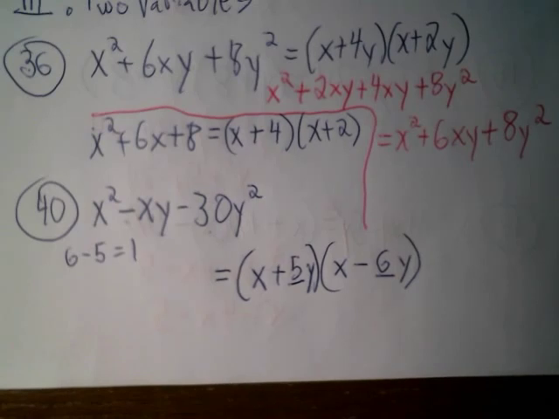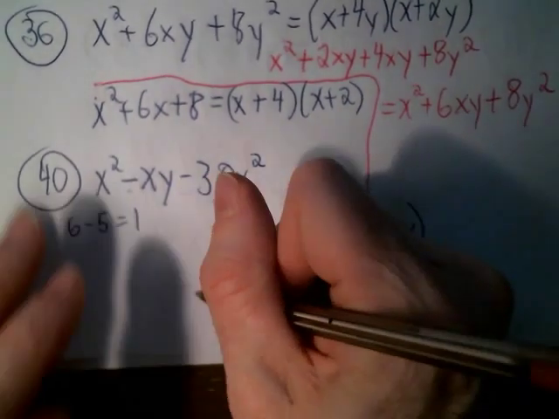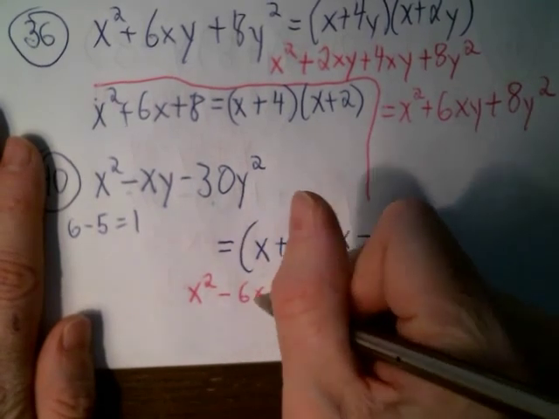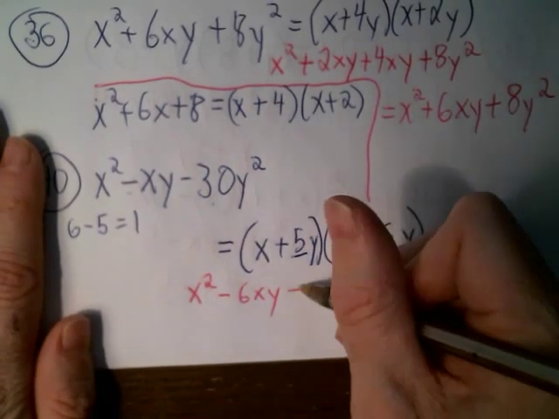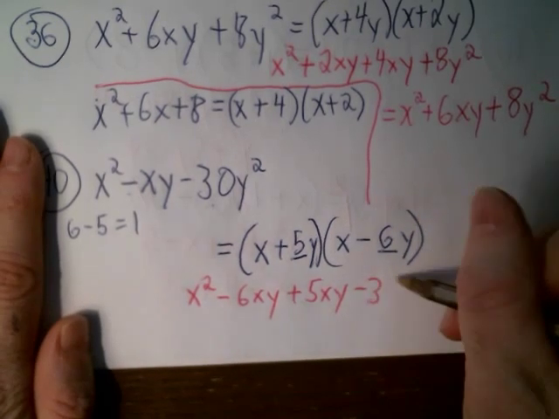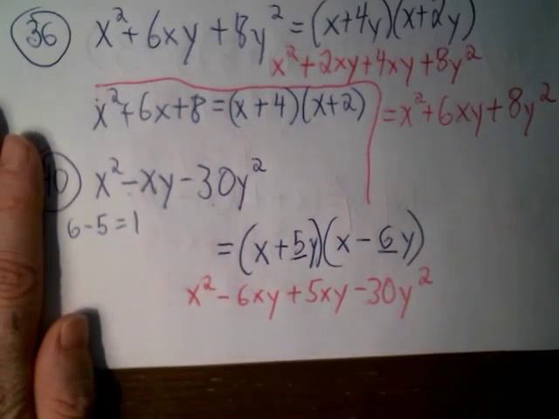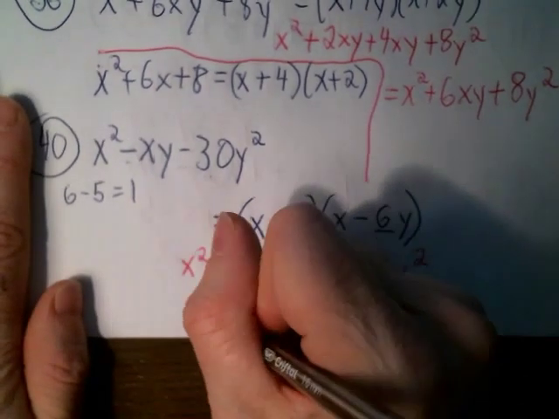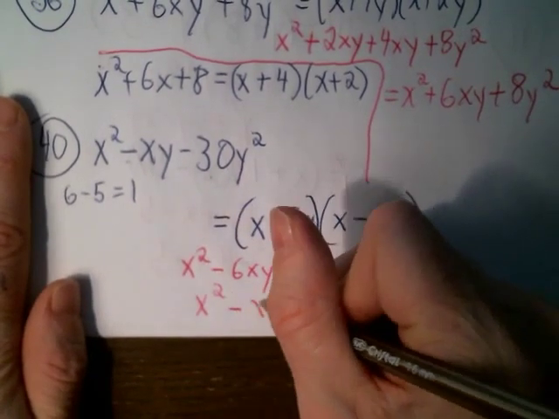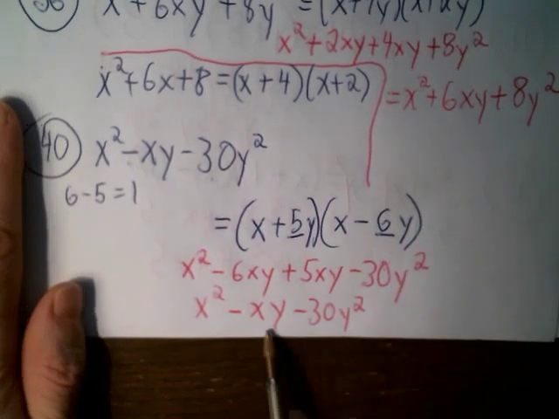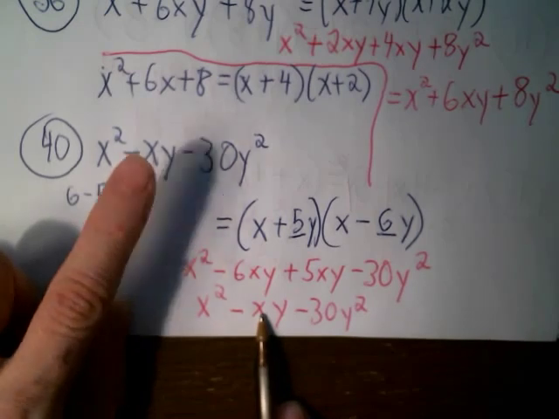Let's FOIL it out and make sure it works. First is x squared, the outer, minus 6xy, the inner, plus 5xy, and then the last, minus 30y squared. Combine the two inner terms, x squared minus xy, minus 30y squared, and sure enough, we have a winner.